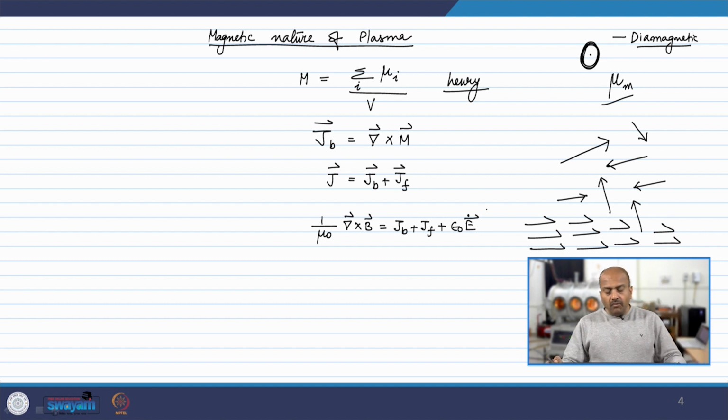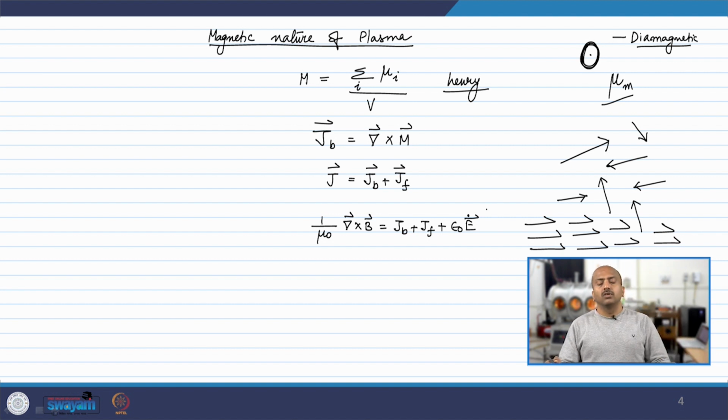Okay. So, now we have to include the effect of bound current density in capital B or capital H. If you have included the effects of both bound and free, you call your magnetic field capital H, right.